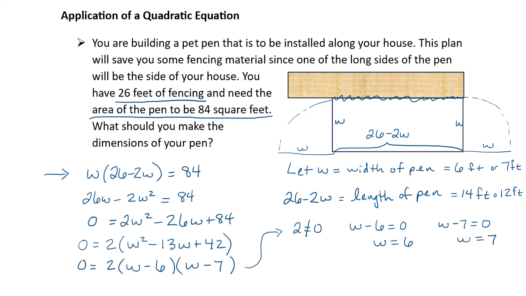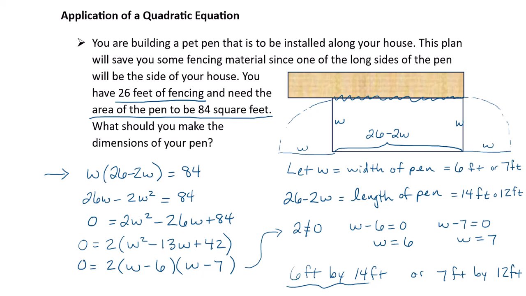And we know that 7 times 12 is 84. So we can have either of these dimensions. We can make this a 6 foot by 14 foot, or we can make it a 7 foot by 12 foot.